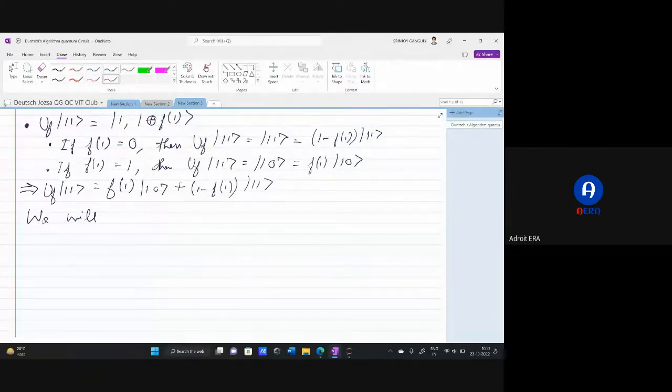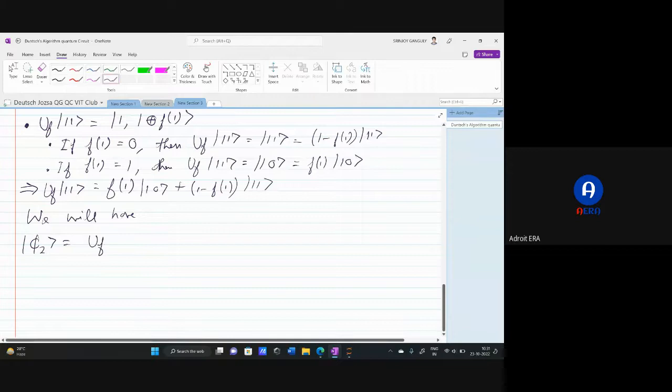So we will have ket phi 2 is equal to, what is ket phi 2? It is Uf applied to ket phi 1, right? And ket phi 1 was what?